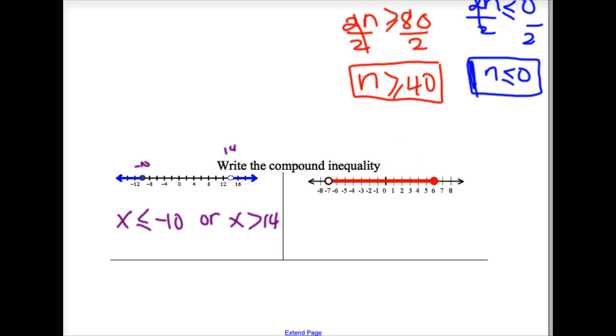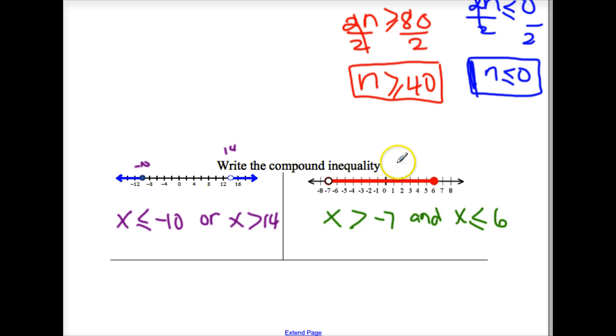Now here, let's look at something like this. This says that x is between these two numbers. So since x is between these two numbers, I know x will be in the middle. Before we even do that, let's write these out. So we know x has to be going to the right, so x is going to be greater than negative 7, and x is going to be less than or equal to 6.